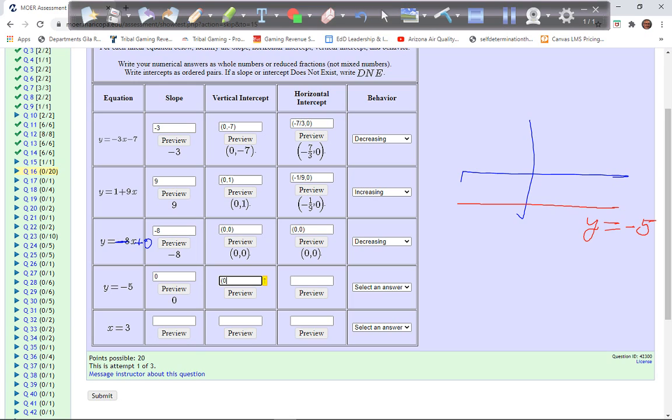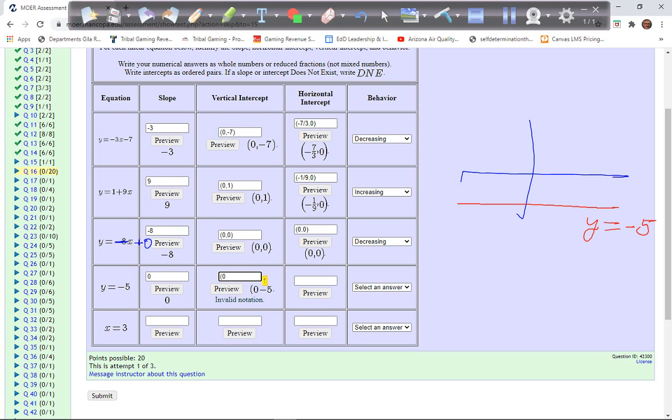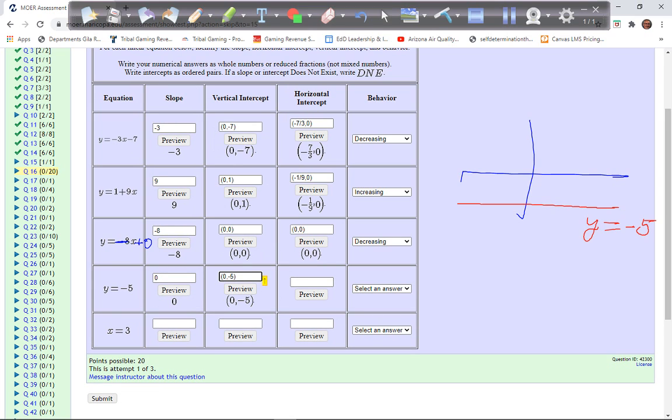That's all it could be. And then finally, for the horizontal intercept, that's why I draw the picture. You can see it's not going to cross the x-axis. It's not going to have a horizontal intercept, so that's where we put DNE. And what kind of line is this? Notice it's not increasing or decreasing. It is a horizontal line.